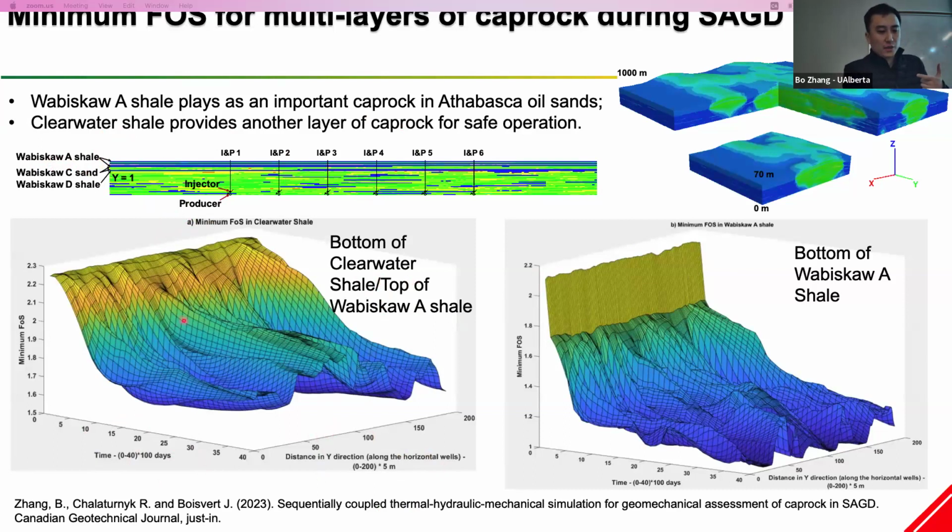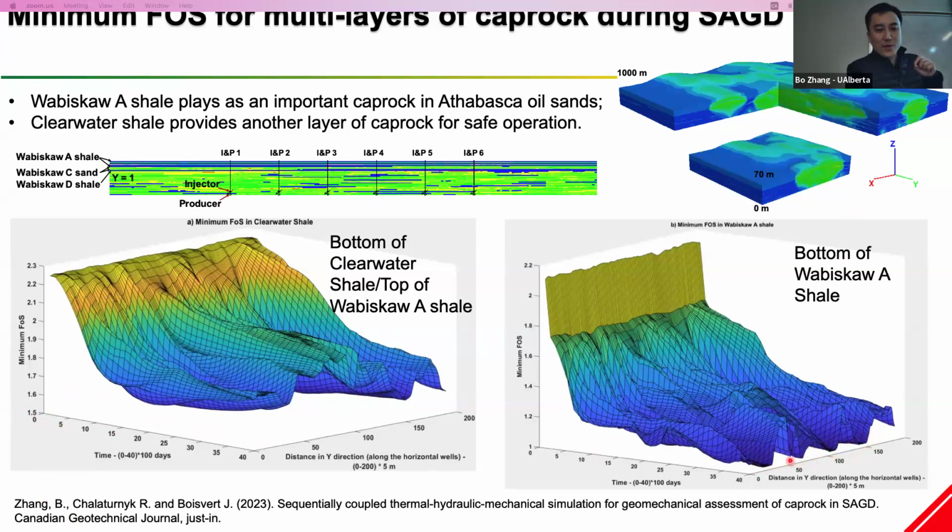As we can see here, we only pick the minimum factor of safety to be conservative. For the bottom of Clearwater shale, which is the top of Wabiskaw A shale, when we do steam injection for more than 4,000 years, the factor of safety is well above 1.5, right? But if you look at the bottom of Wabiskaw A shale, the factor of safety drops to almost 1.